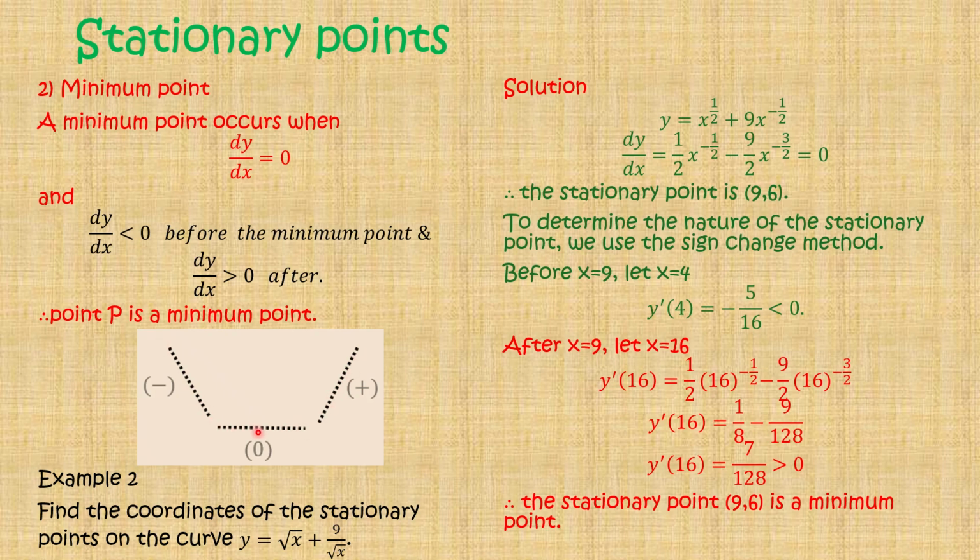We have obtained the x-coordinate when dy dx was equated to 0. Then we got values that were before that x-coordinate. We obtained the sign of the dy dx, and we did the same thing after that particular point. So this is a minimum point.